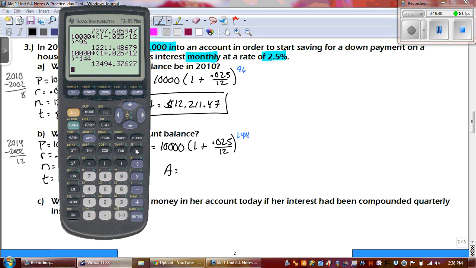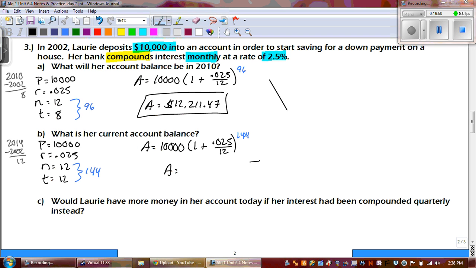And then we get our answer of $13,494 and how many cents? Hopefully you're saying 38. Okay, sorry about that. My pen was going a little crazy. Thankfully I was able to fix it. But it would be $13,485 and 99 cents.